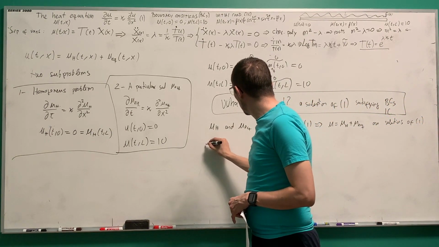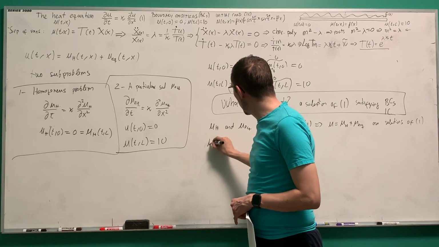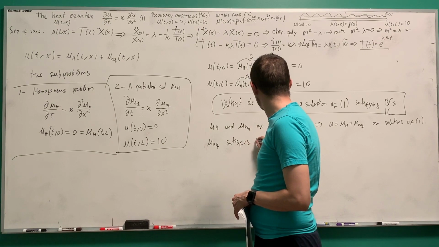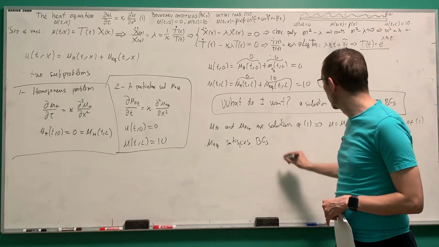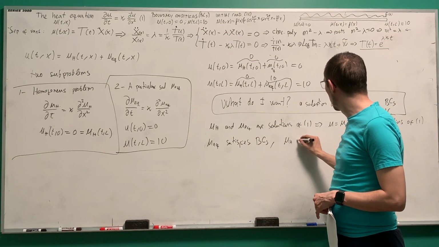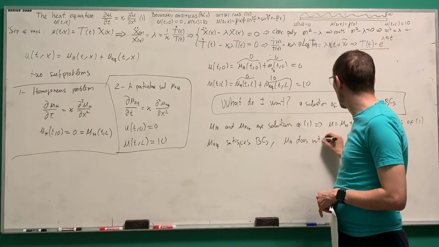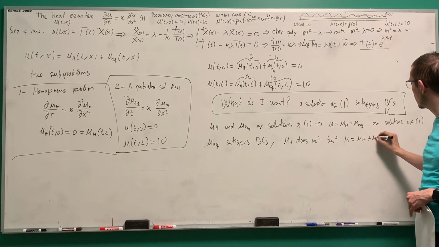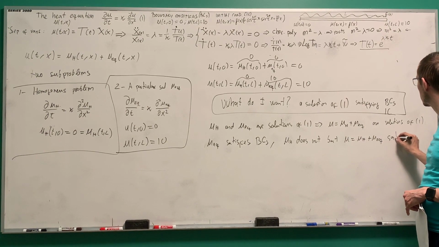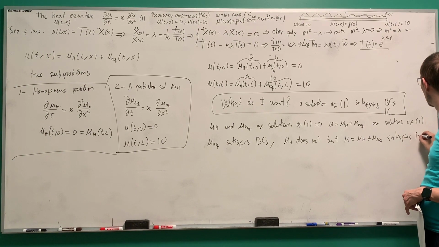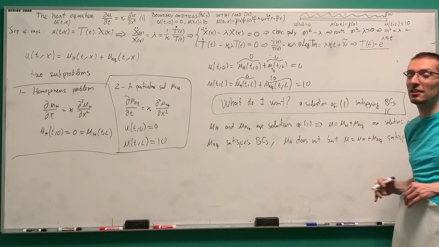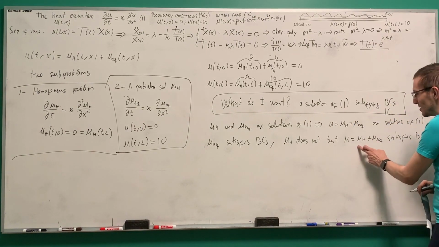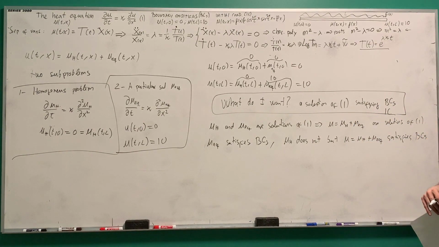Then U_EC satisfies the boundary conditions. U_H does not. But U equals U_H plus U_EC satisfies the boundary conditions. Why? Because U_H gives you zeros exactly. So if this satisfies it and this one gives you zeros, well, the total satisfies it.